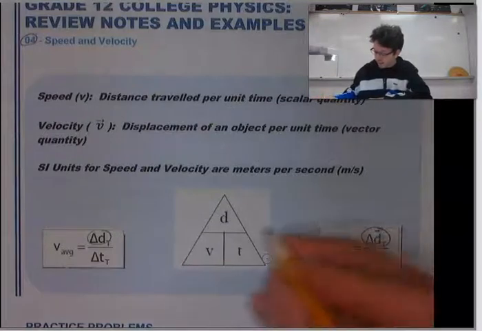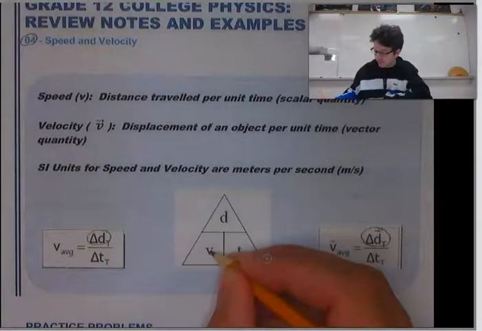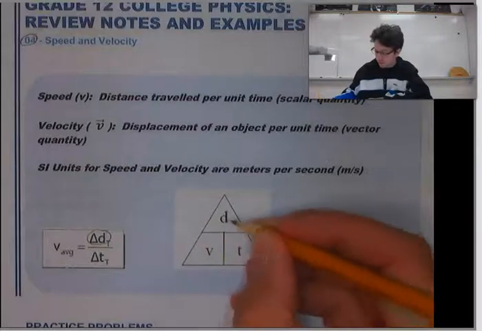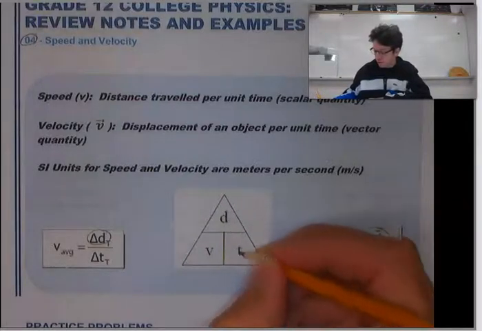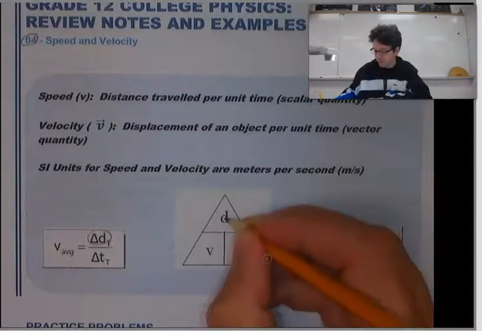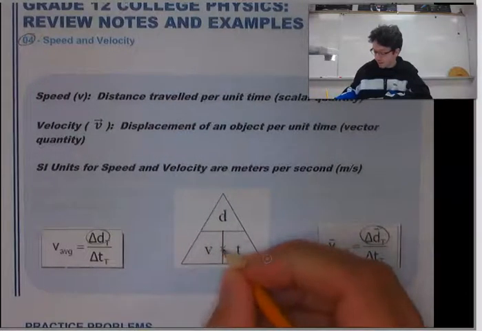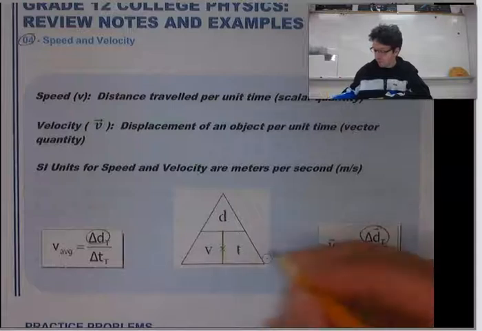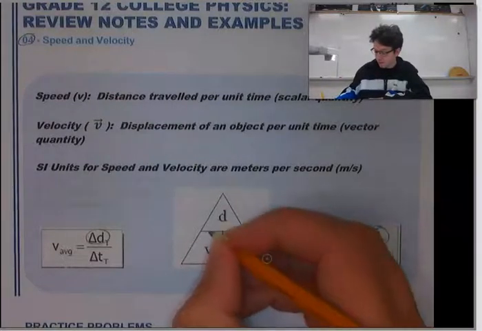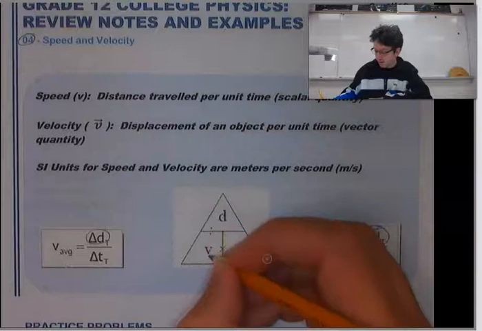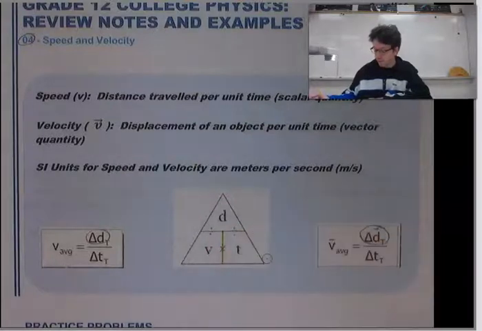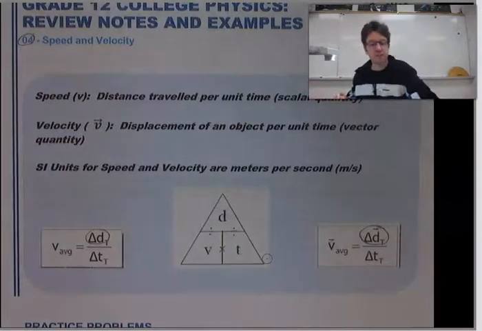So you can think of, say, velocity equals displacement over time, or displacement equals velocity times time, or time equals displacement divided by velocity. And so we're going to use these equations to solve lots of problems today.